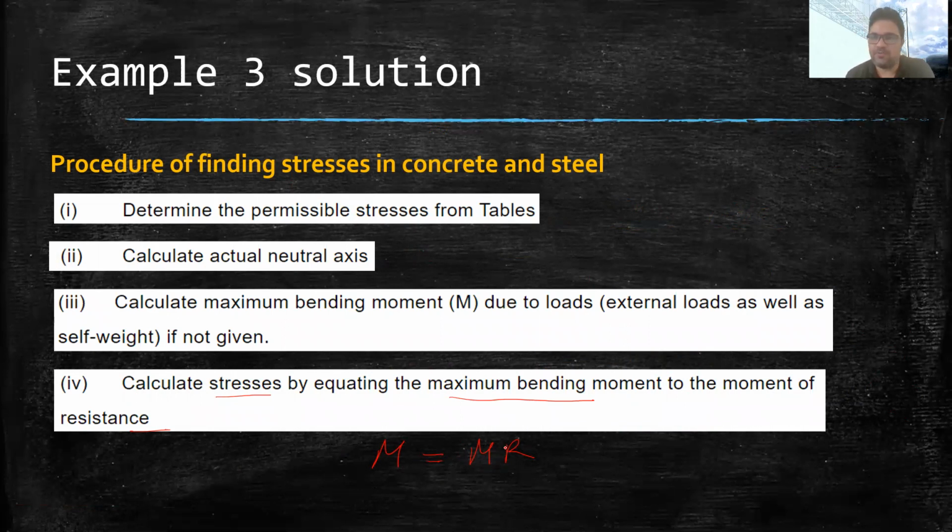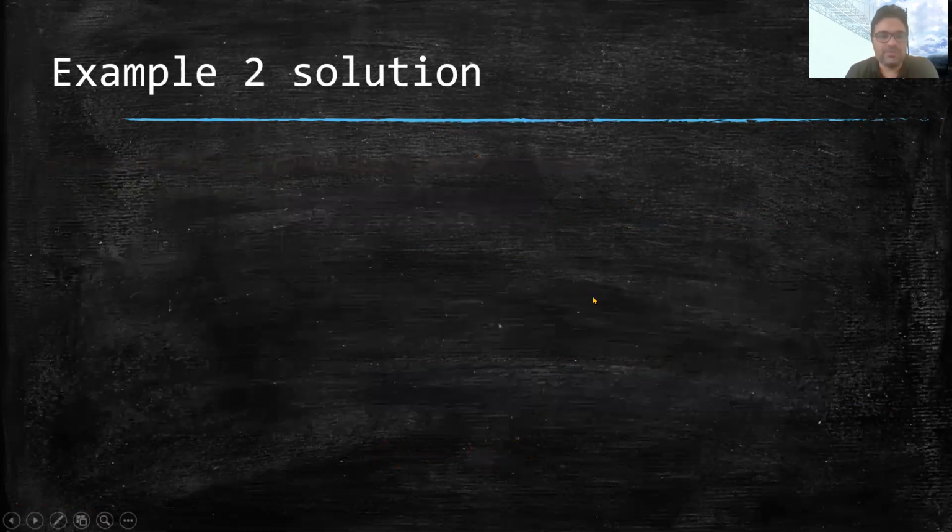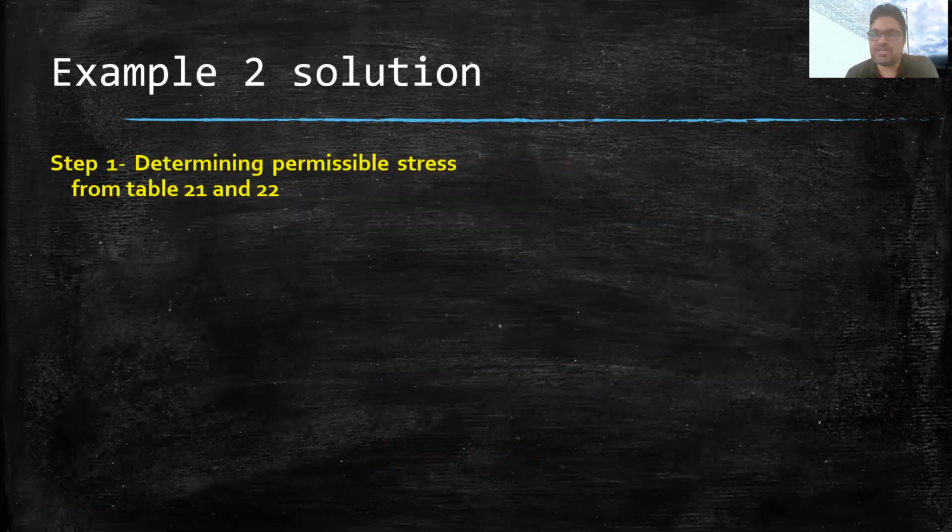So now these 4 steps we will follow to find out the stresses. Now we will see how we can find that. So now we will solve. First step is determining the permissible stresses from table 21 and 22.